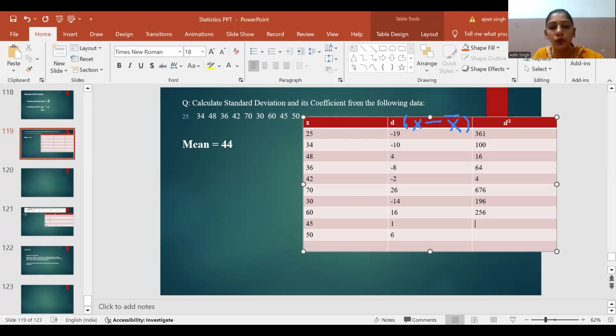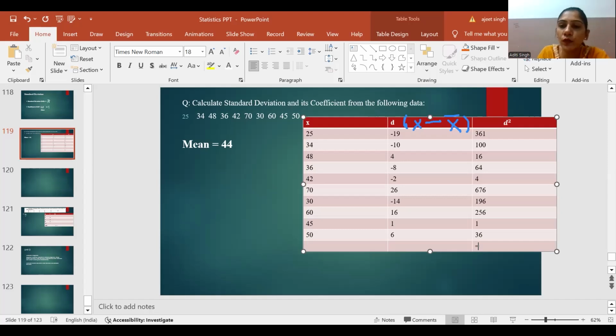Okay, 1 into 1 is 1 and 6 into 6 is 36. So this is how we calculate the value of d square.